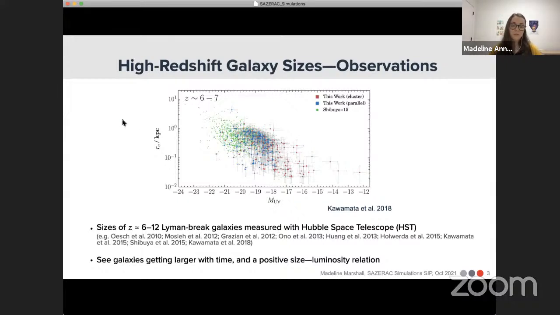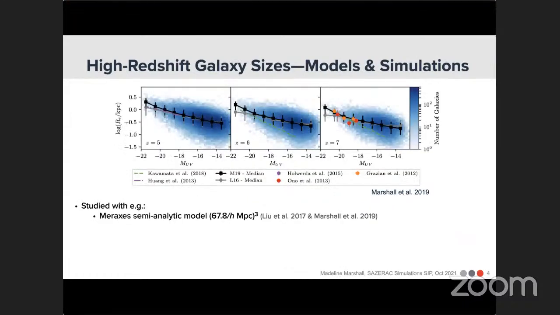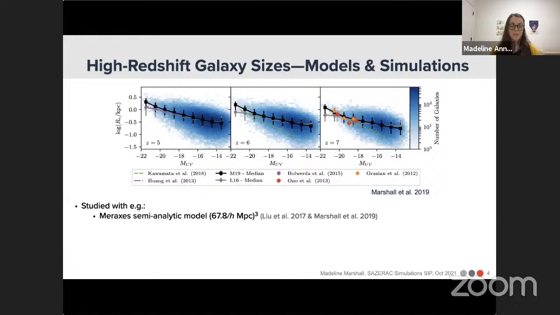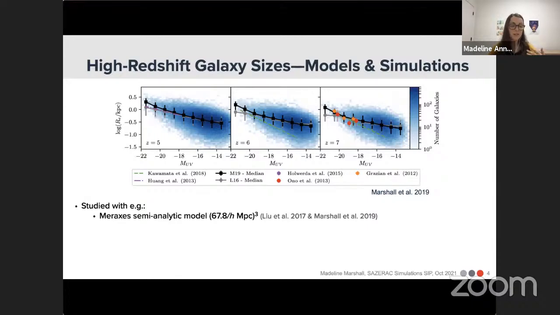This is something that we can also see in models and simulations. For example, here we have some work that I did a little while back using the Meraxes semi-analytic model. And again, you can see this positive size-luminosity relation in the blue here. But to get a really good handle on the sizes of galaxies and see how their properties vary with different wavelengths and dust, for example, one of the best things that you can use is hydrodynamical simulations.